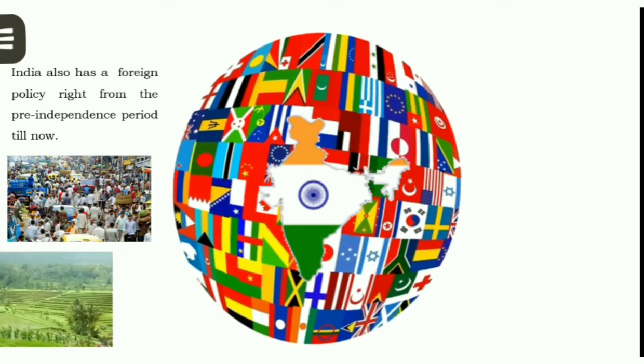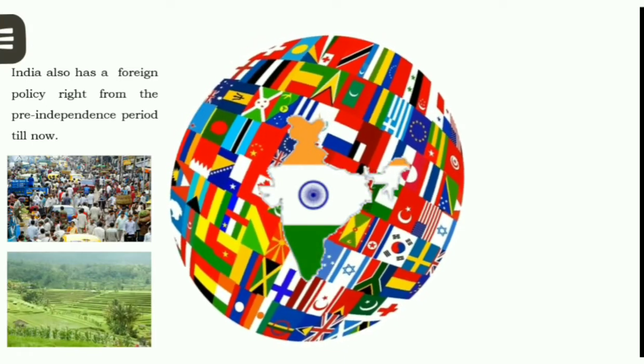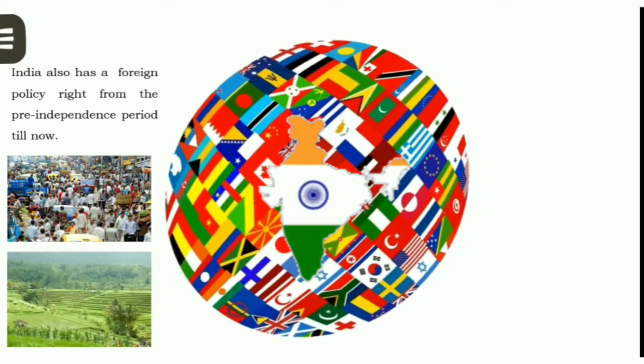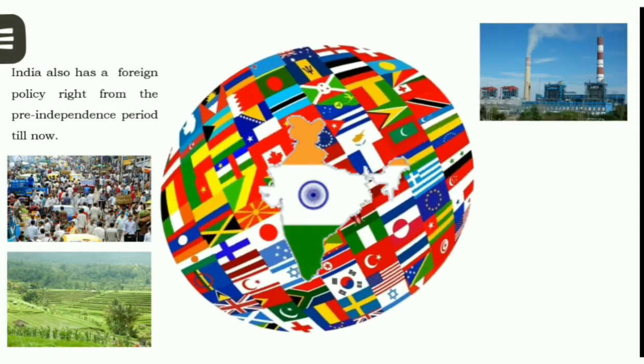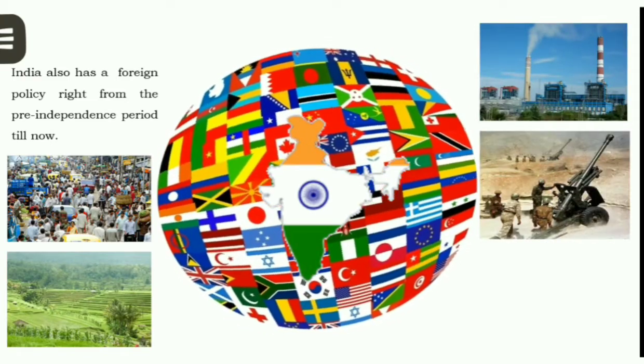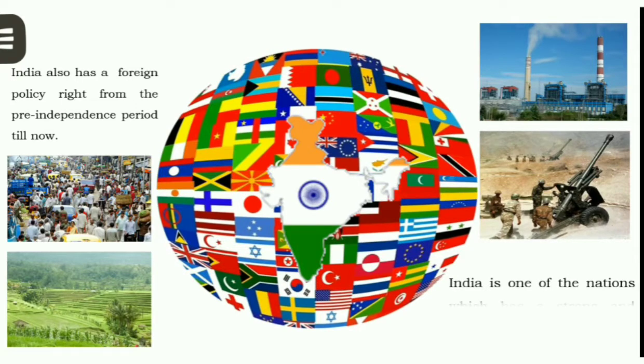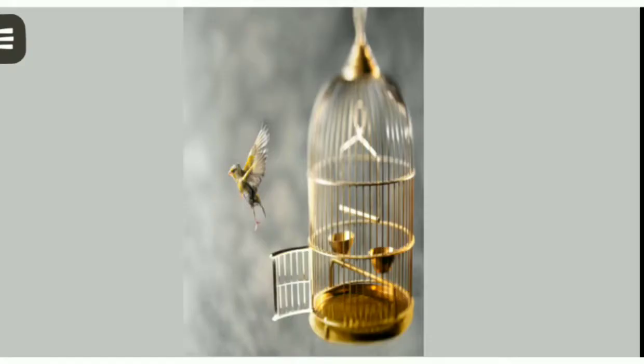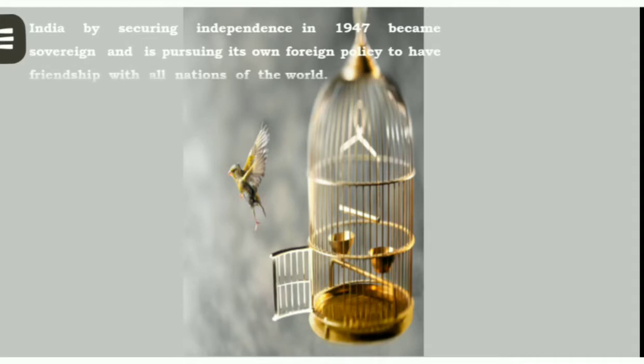We are famous for our large population, our vast resources, our industrialization, and our strong defense system. India is one of the nations which has a strong and specific foreign policy, the rules and regulations framed at the time of trade.